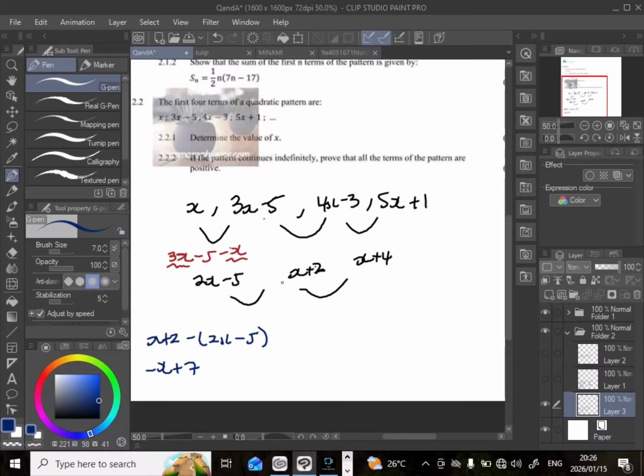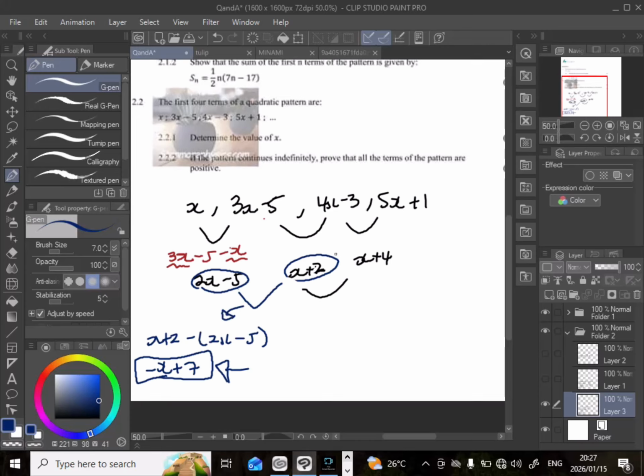The only way we will know the constant difference is on the numbers on the second difference. Why am I saying that? Because the numbers on the first difference don't have a specific common difference, they just escalate. Check now, the difference between this and this is this one.